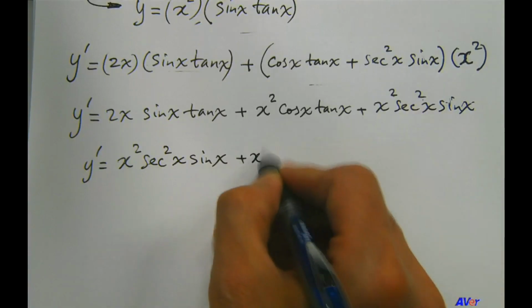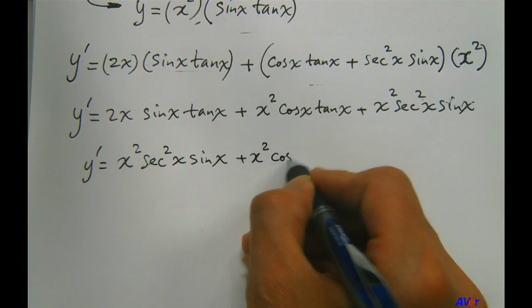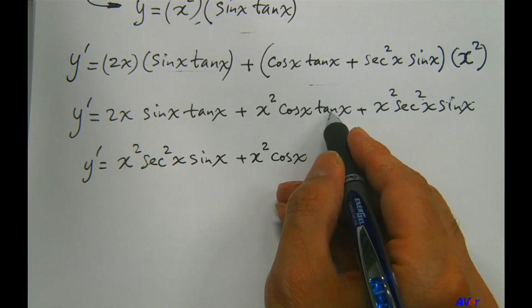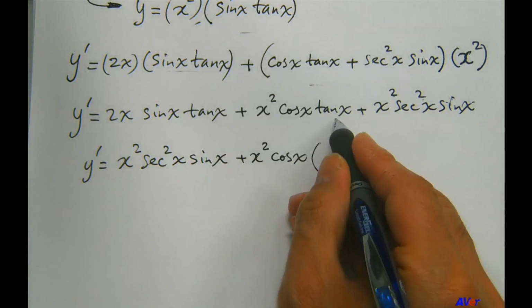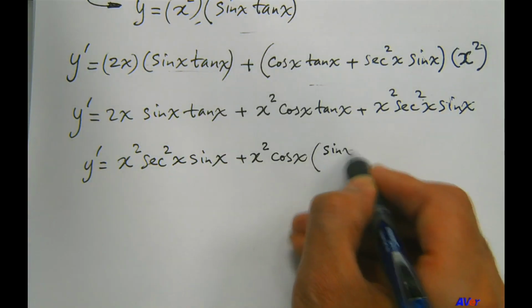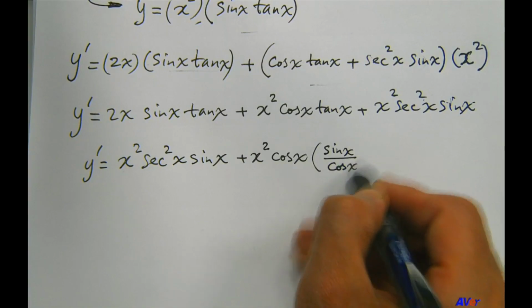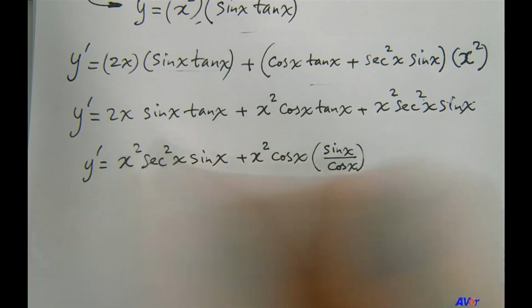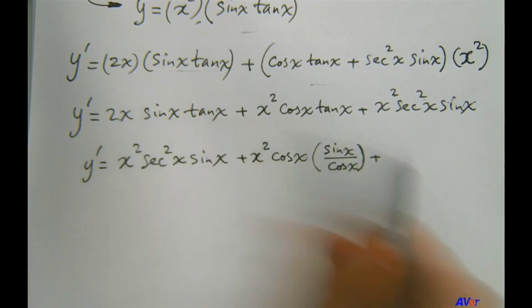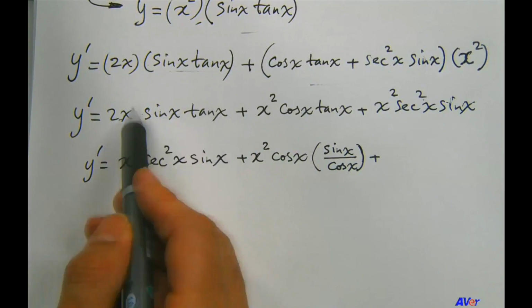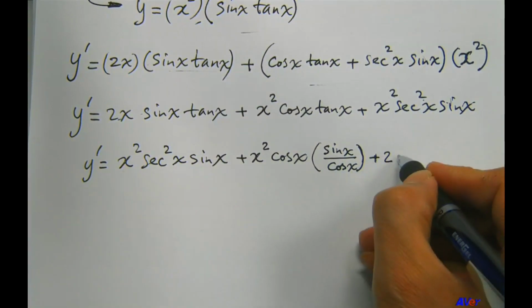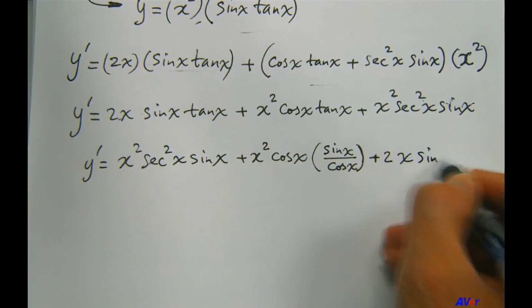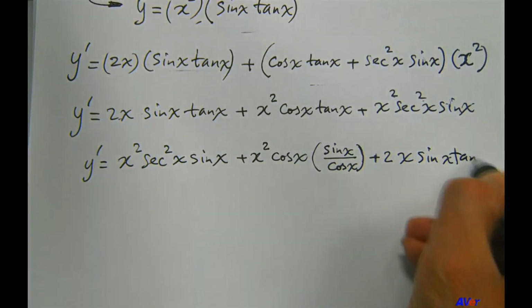So plus x squared times cosine of x, and now tangent of x, back from math 127, we remember that is equal to sine of x divided by cosine of x, right? And then that one, which I'm putting last because the terms have the lowest power. Okay, that's all. And 2x sine of x tangent of x.